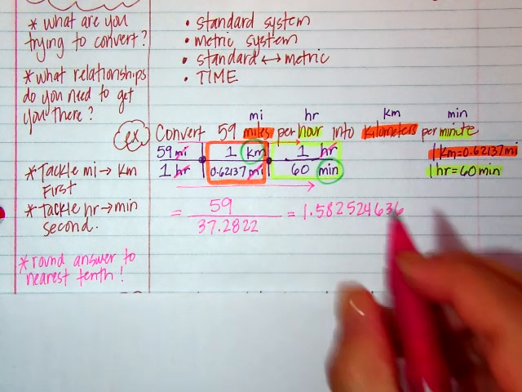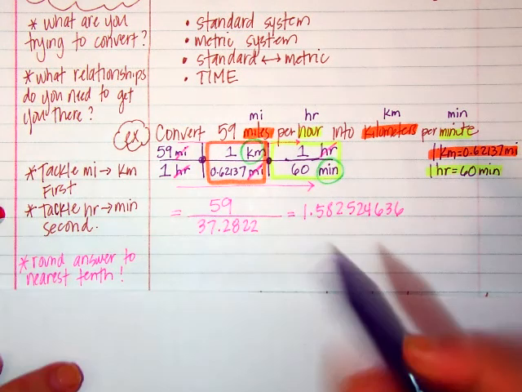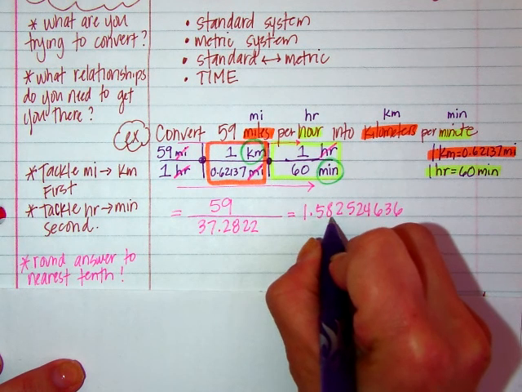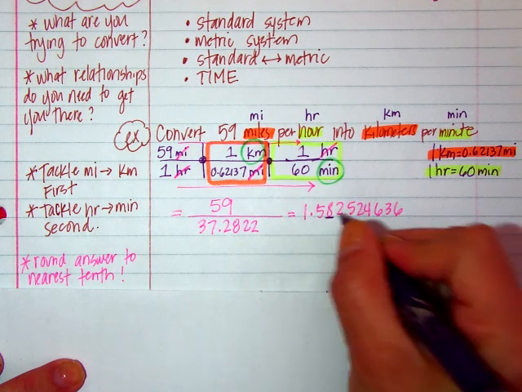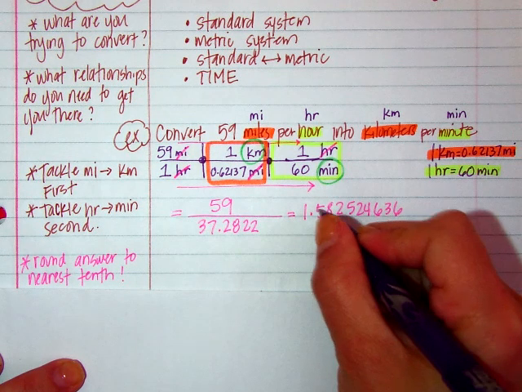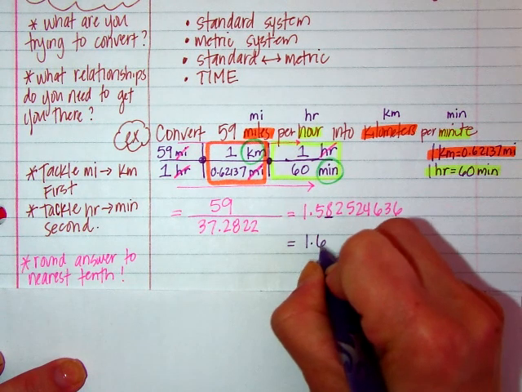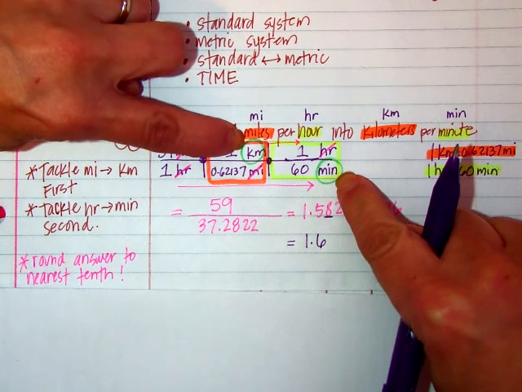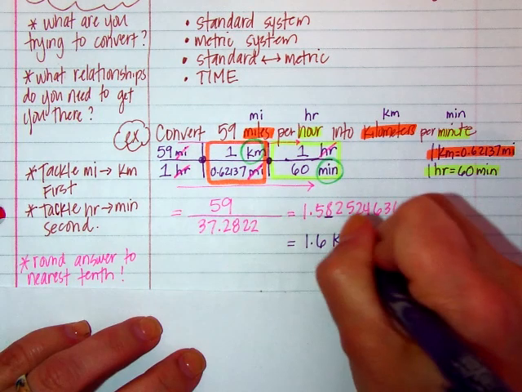So remember, the nearest tenth means that I want one number after the decimal. That means I need to look at the neighbor. My neighbor is the 8, so that means I get to bump it up 1. So my final answer here is 1.6, and I have to now use the new units, which is kilometers per minute.